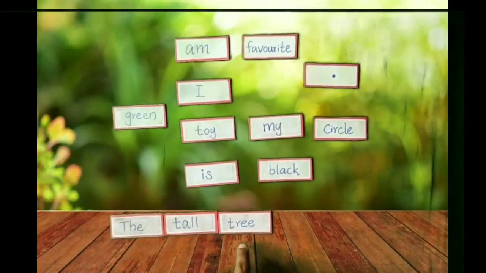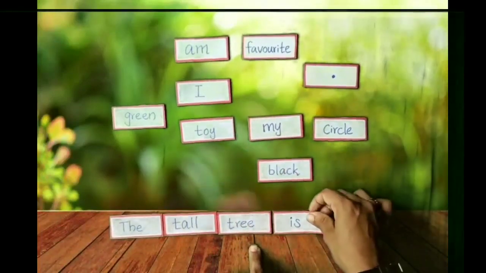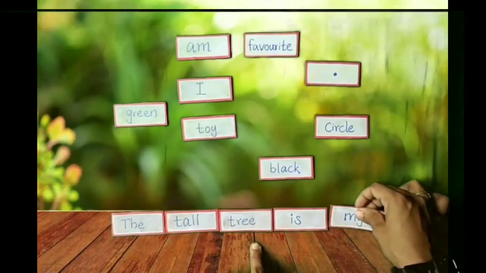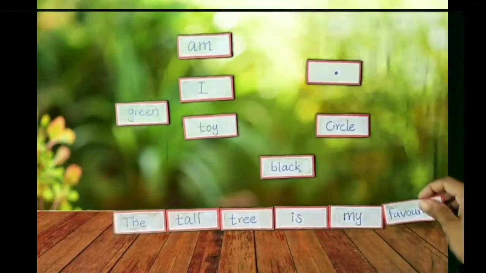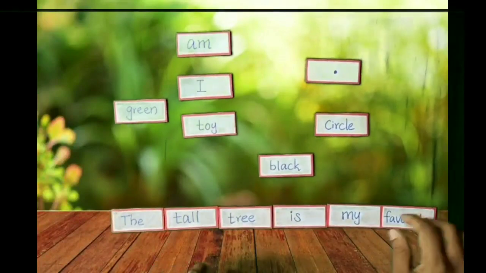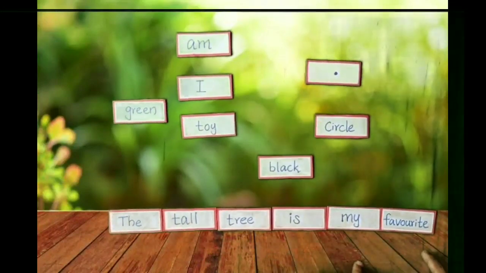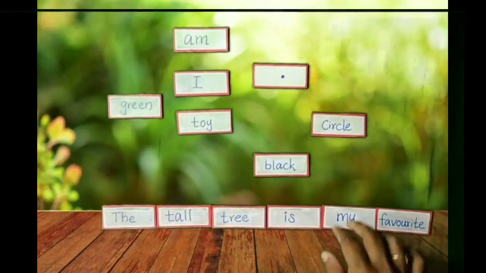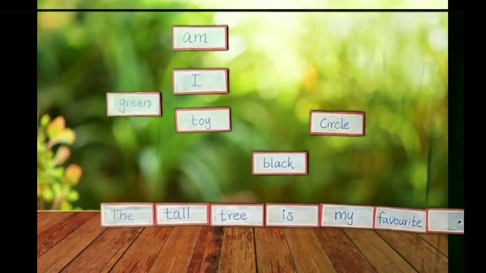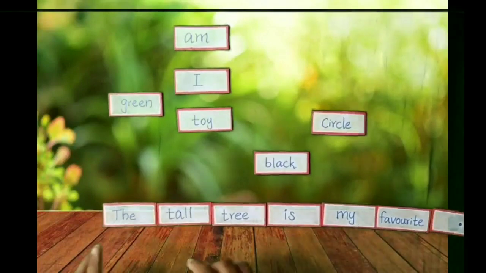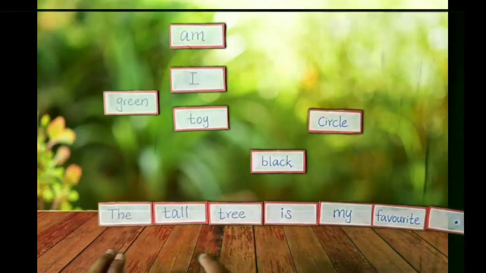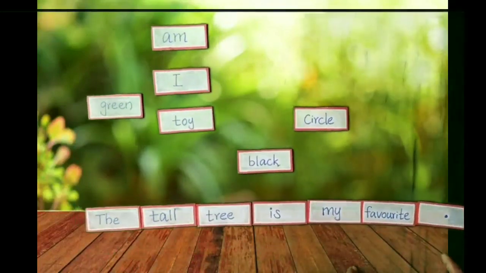The tall tree is my favorite. So this is the sentence. The tall tree is my favorite. And after completing this sentence, we have to add a full stop. So now it becomes a complete sentence. The tall tree is my favorite.